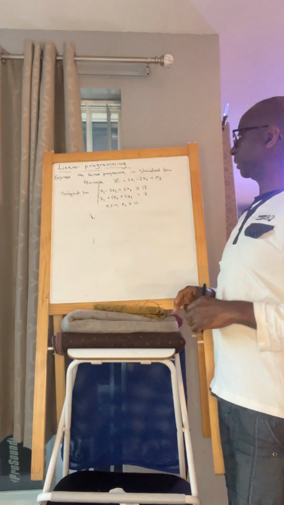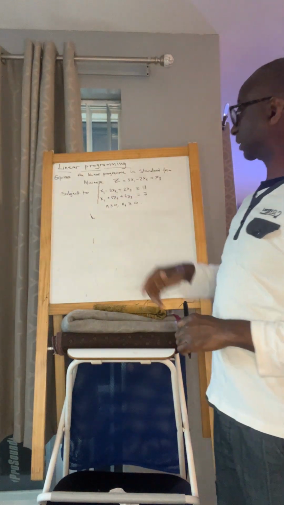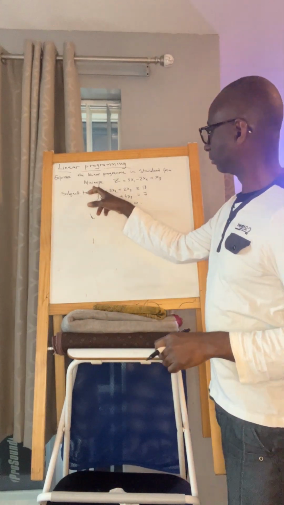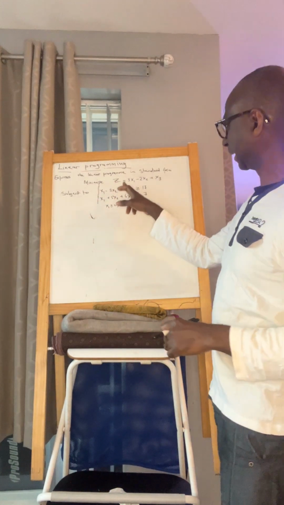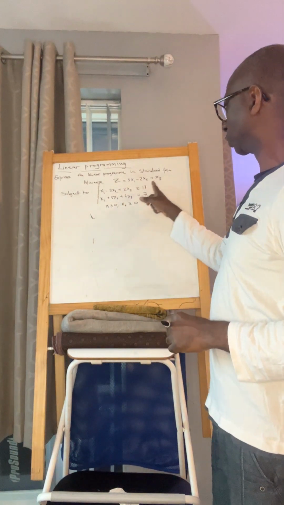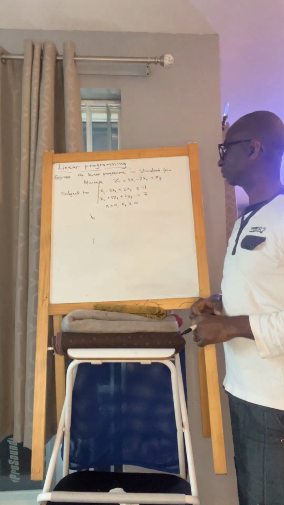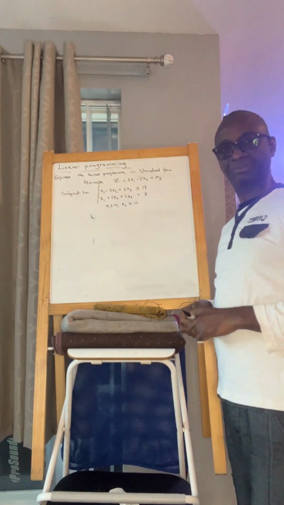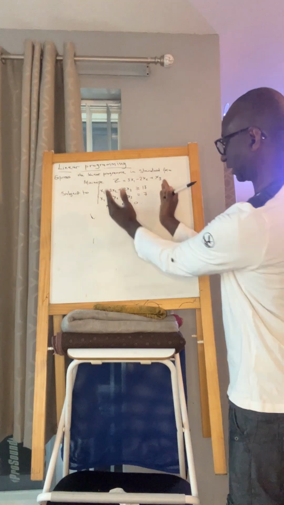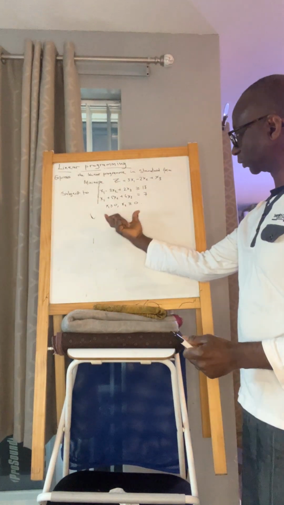Here we are given a problem. They say express the linear program in standard form. Minimize z equals 3x1 minus 2x2 plus x3, subject to these constraints. These are the constraints now, subject to the following conditions.